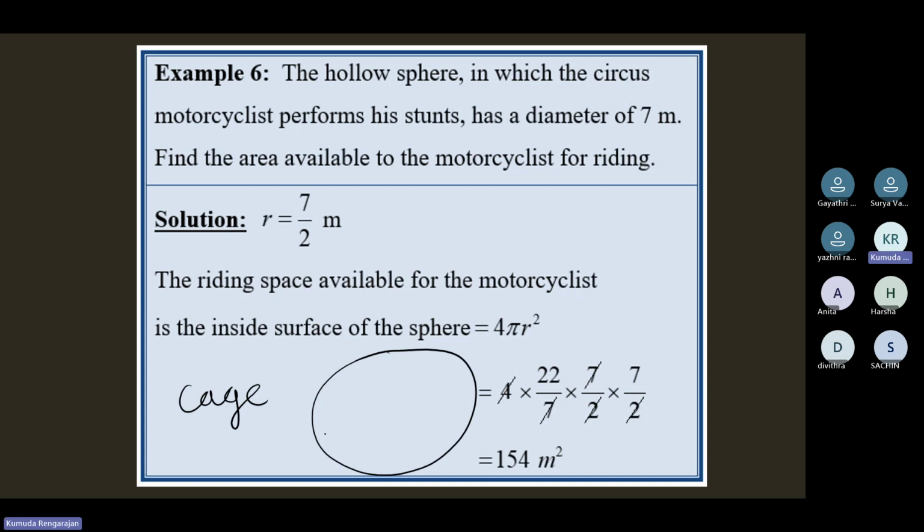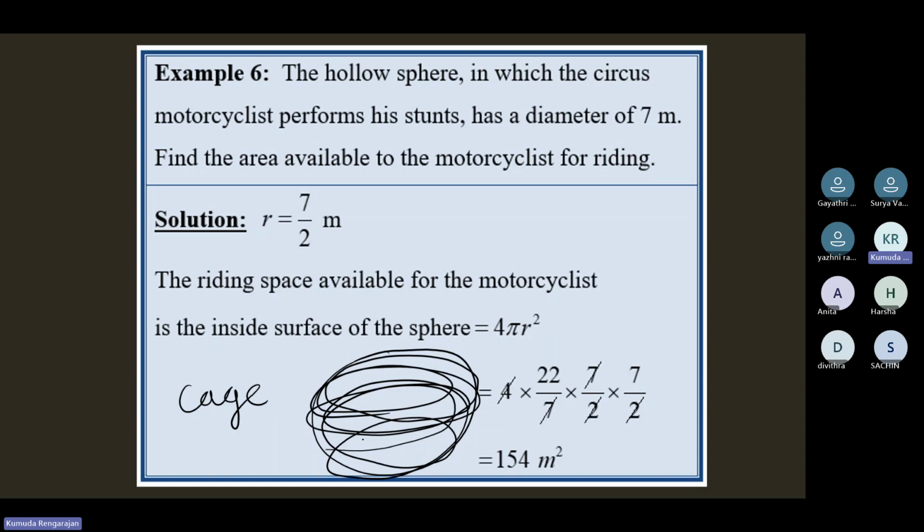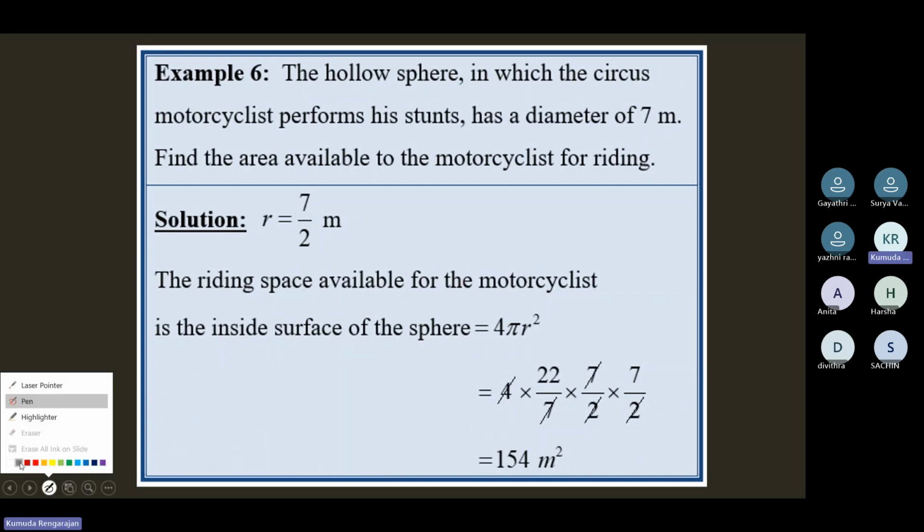So the motorcyclist, he's inside the cage. He's inside this spherical cage, and he'll do rounds without falling. He'll go on the inside surface of the spherical cage. Okay. So the question is about that.